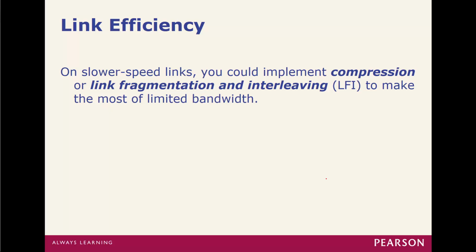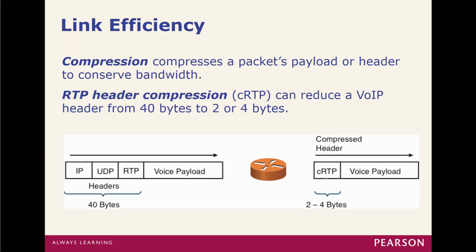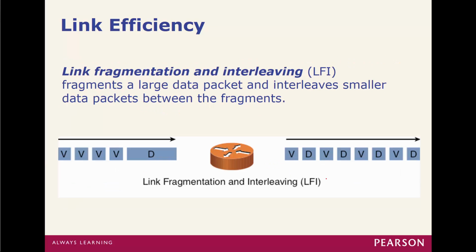Compression will compress a packet's payload or header to conserve bandwidth. For example, RTP header compression can reduce a VoIP header from 40 bytes to maybe a 2 or 4 byte header. Link fragmentation and interleaving fragments a large data packet and interweaves smaller data packets between the fragments.